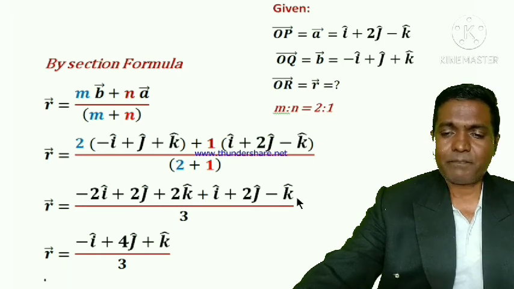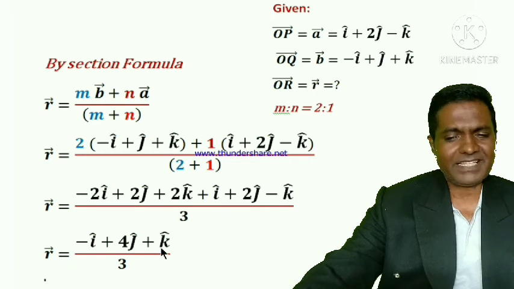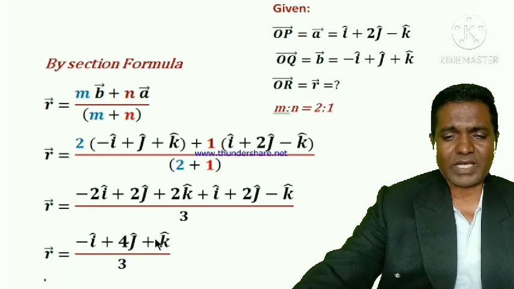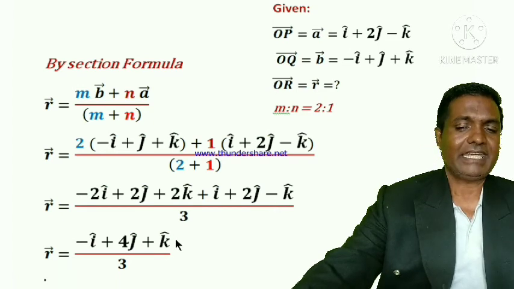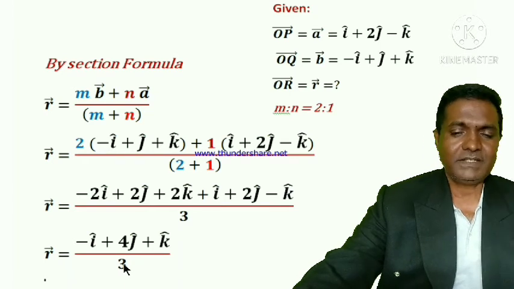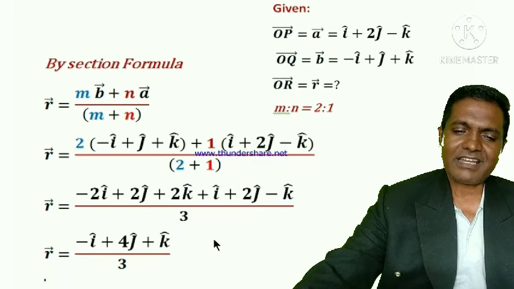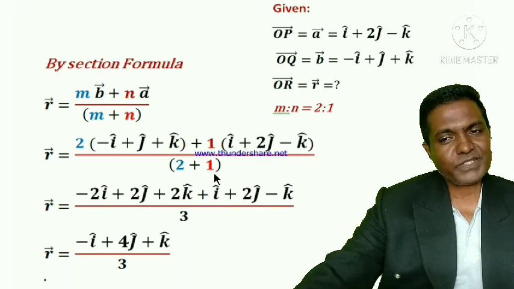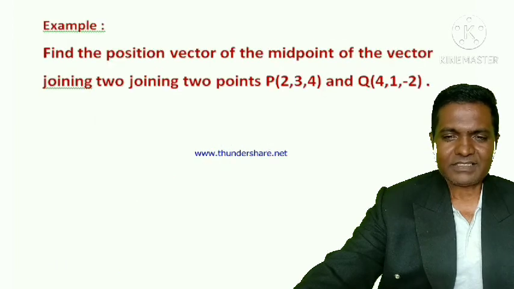Plus 2k cap minus k cap is equivalent to plus 2 minus 1, which is plus 1, so you can simply write k cap. So this is the required position vector of the point R that divides PQ internally in the ratio 2:1.